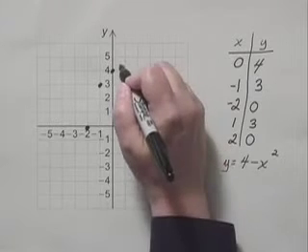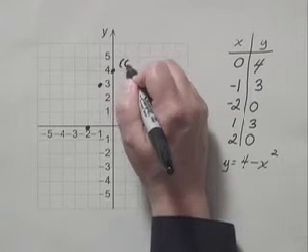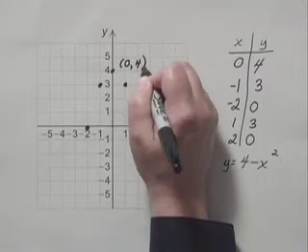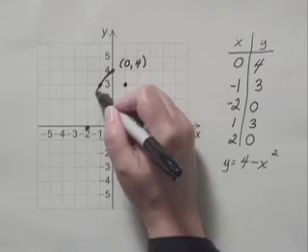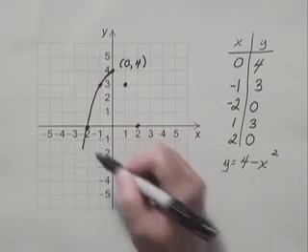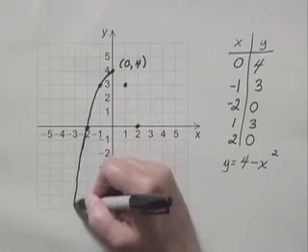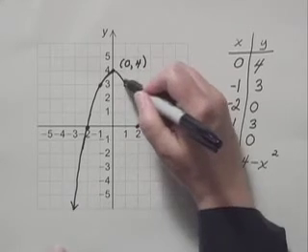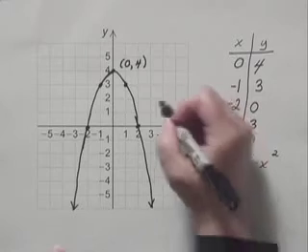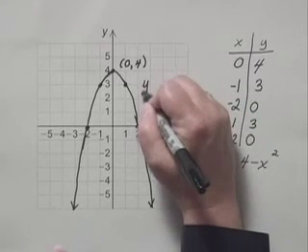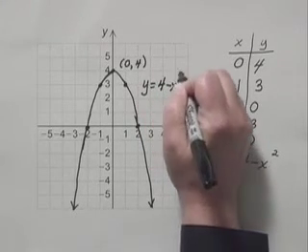I'm going to go ahead and label the point which is at the same time the y-intercept and the vertex. And then I'll sketch the graph. It's a parabola opening down. And I'll label the graph as y equals 4 minus x squared.